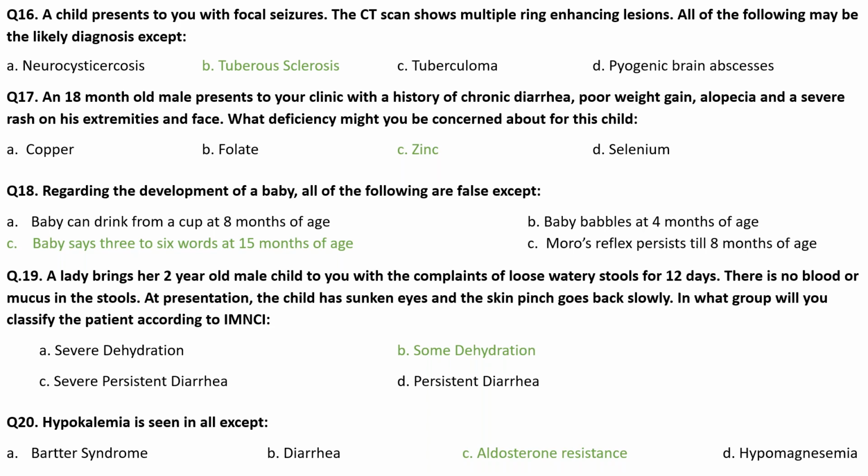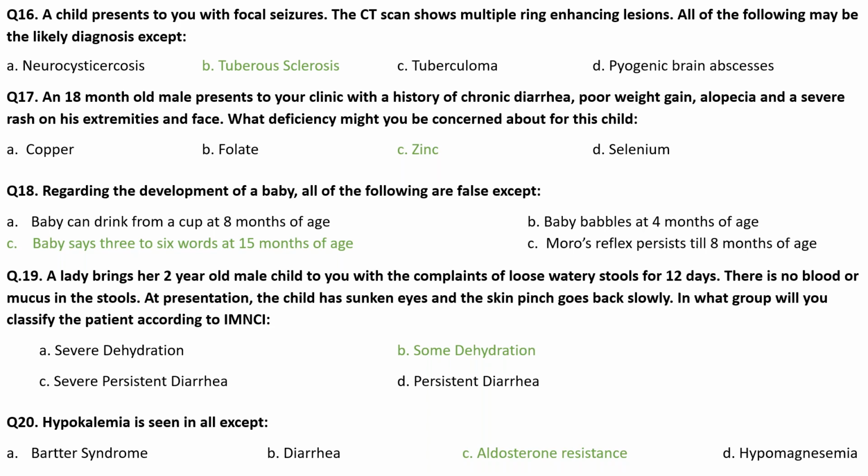Okay. Sir, I have a doubt in question number 16. The question says CT scan shows multiple ring enhancing lesions, but does neurocysticercosis present with solitary lesion? No, neurocysticercosis can have multiple lesions also, multiple ring enhancing lesions also.